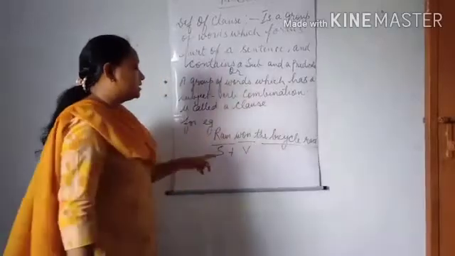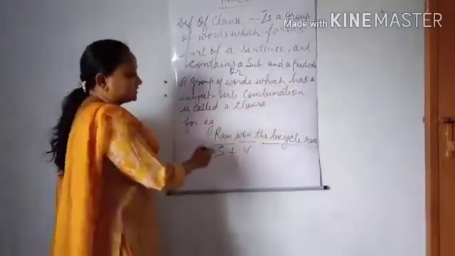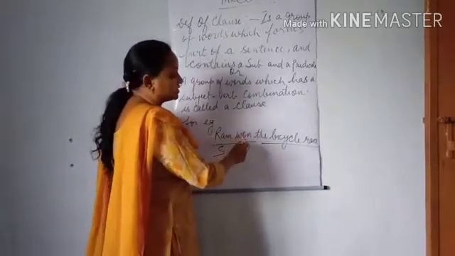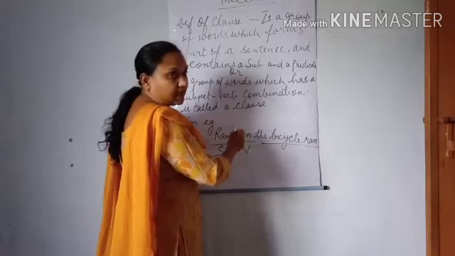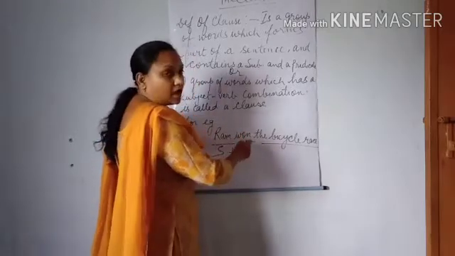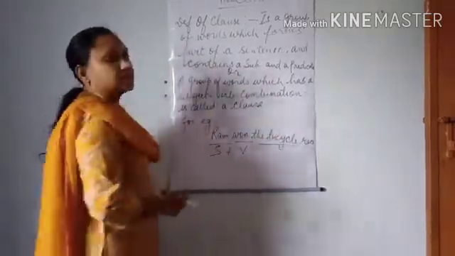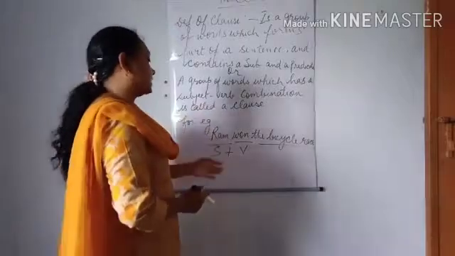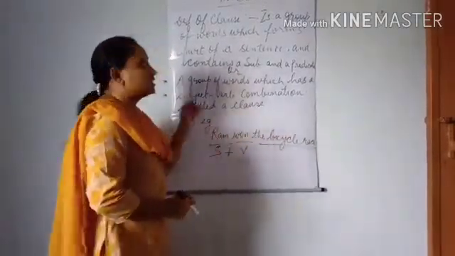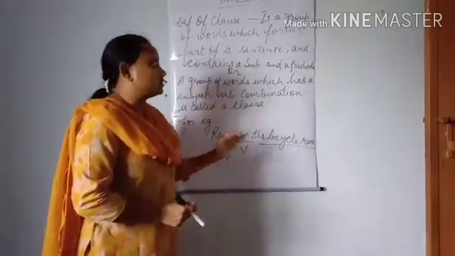For example, Ram won the bicycle race. Here Ram is the subject, won is the past tense of win and that is the verb. What did Ram win? The bicycle race. So there is a subject-verb combination in this sentence, and it is said to be a clause.